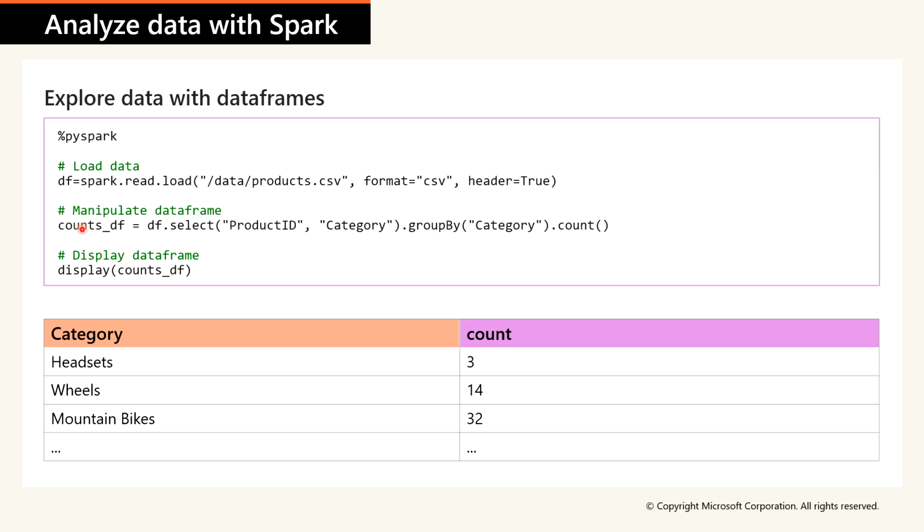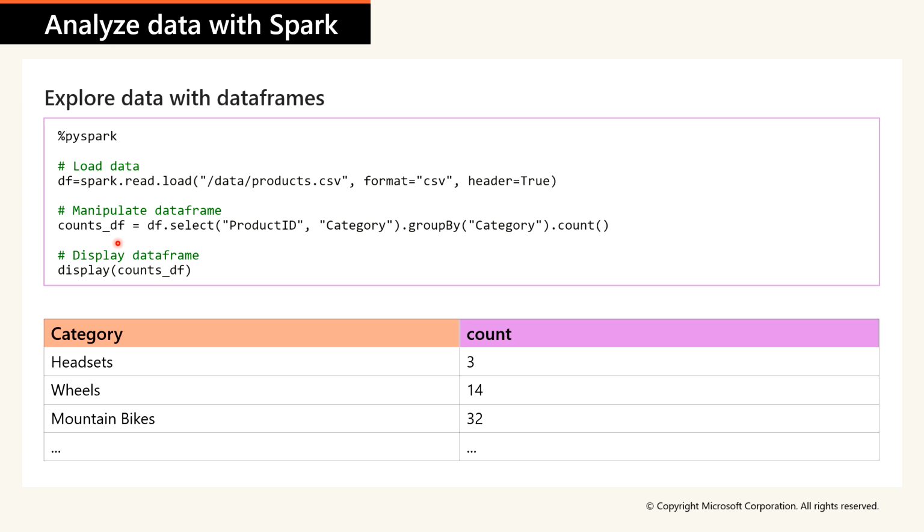And then in the next statement, we manipulate the data. In order to manipulate the data, we use the select clause to select two columns from our data frame, and then we use the groupBy clause, which helps us to group all the rows by the category column. So we have these two columns, the product ID and the category, and we group by the category column, and then with the help of the count function, we count how many products are in each category, and then we store all the results in a new data frame variable called counts_df.